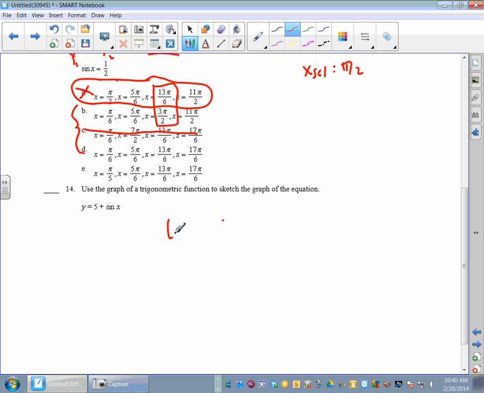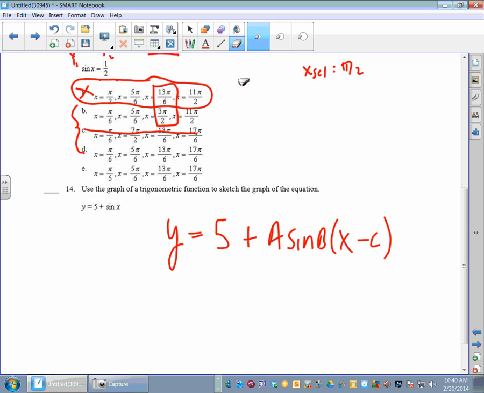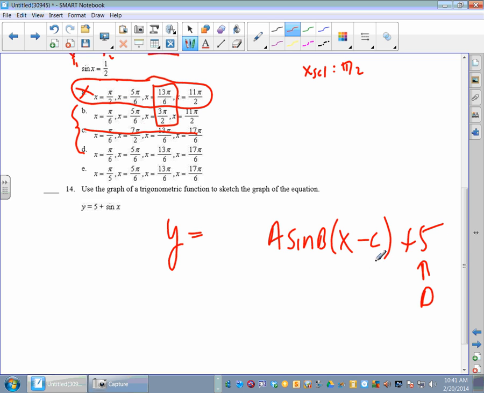All right. Last one, then I'm going to stop. 5 plus a sine b x minus c. Remember the 5 usually goes in the D spot back here. So that's D. C in this case is going to be what value?